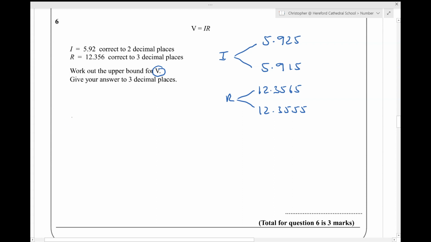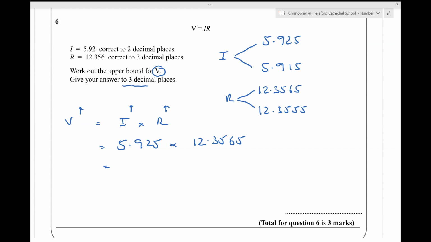Now I've got to work out the upper bound for v. Now v equals l times r. If you want the highest possible v, then you're going to want to use the highest possible l and the highest possible r, since we're multiplying those 2 variables together. So that's going to be 5.925 multiplied by 12.3565. And I'm asked to give my answer to 3 decimal places.